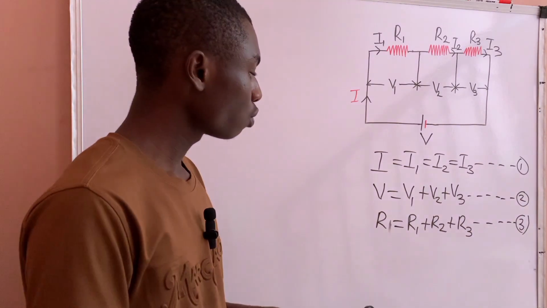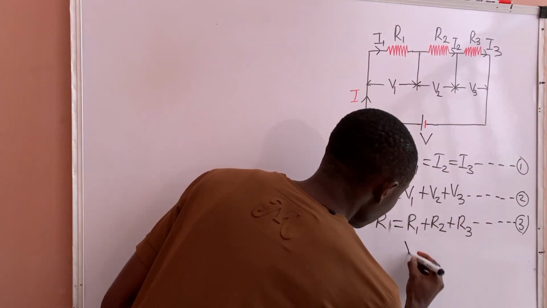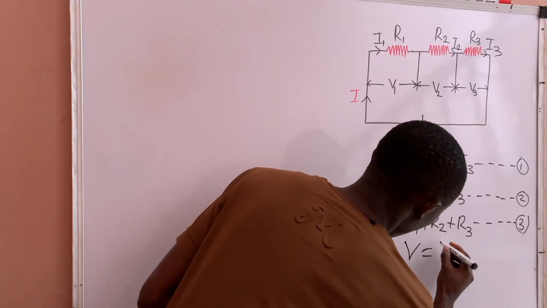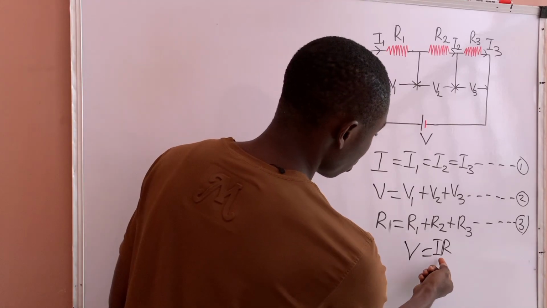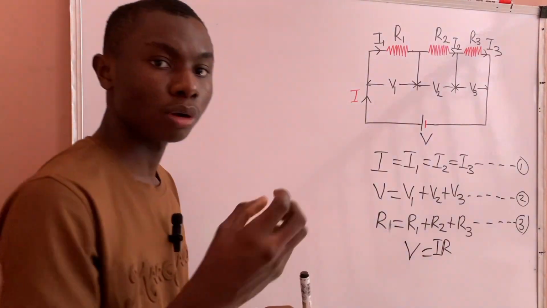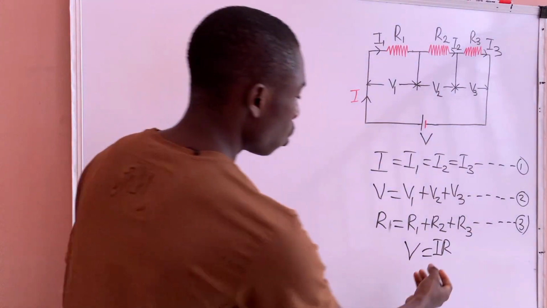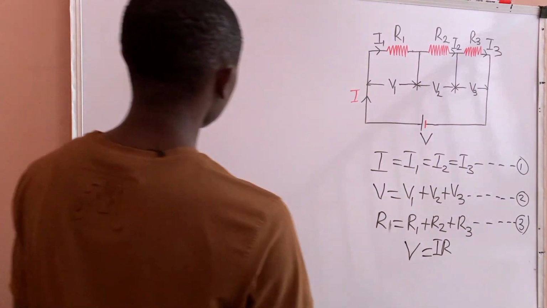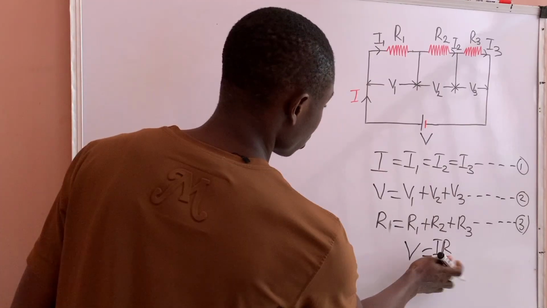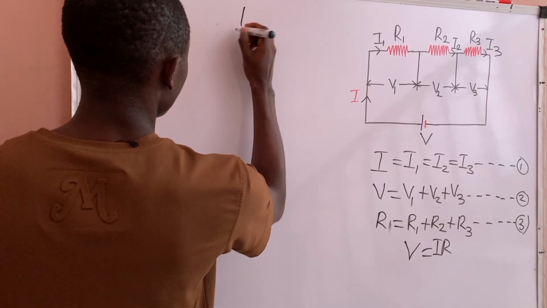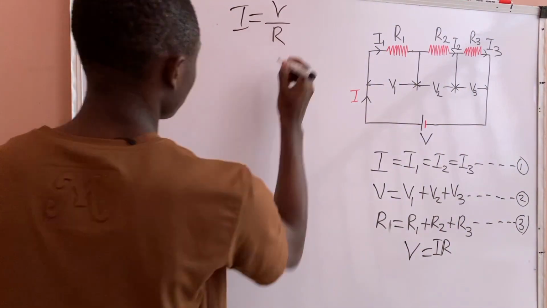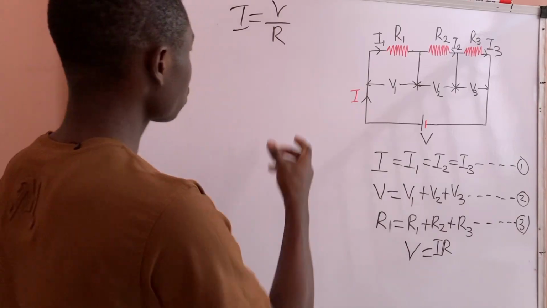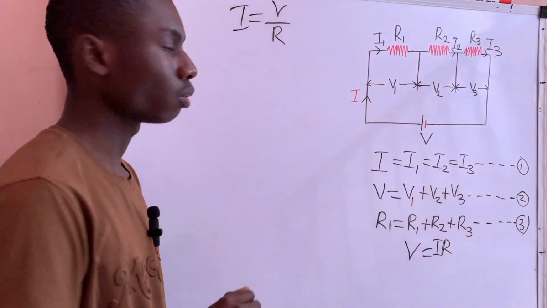Using Ohm's law, we state that V is equal to I RT. We can make I the subject of the formula, since current is the same, and we have that I is equal to V over RT.